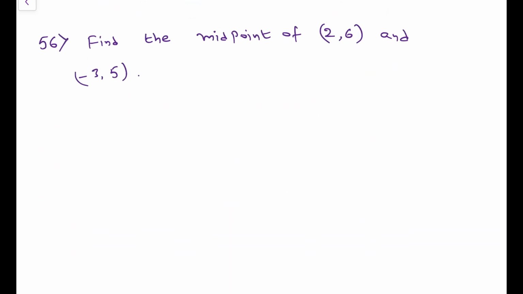Find the midpoint of (2, 6) and (-3, 5). As usual, the given first 2 points we will take as x1, y1 and x2, y2. Now let us write the midpoint formula. Midpoint formula is (x1 plus x2) by 2, comma, (y1 plus y2) by 2.